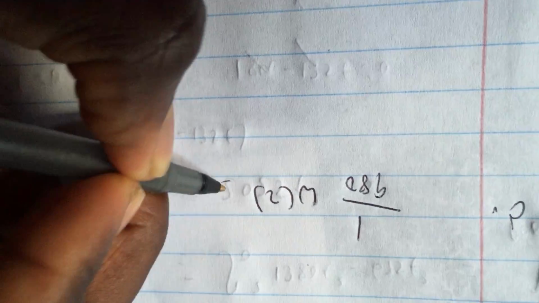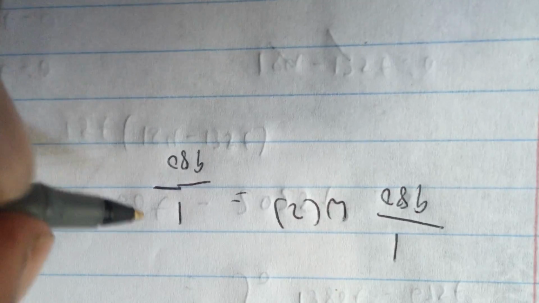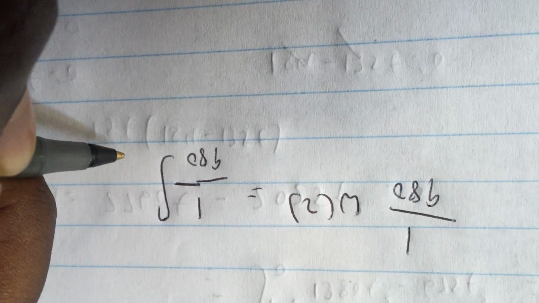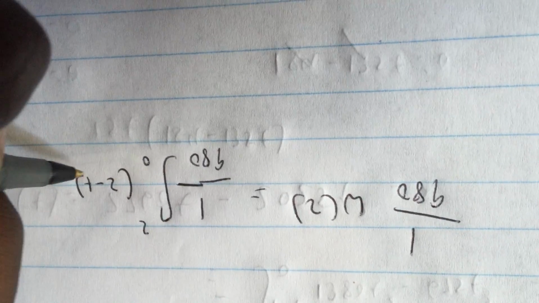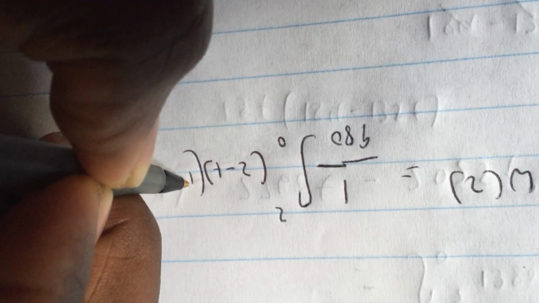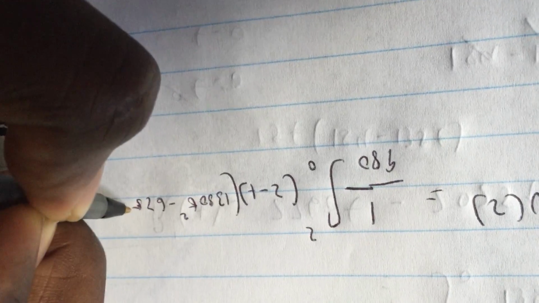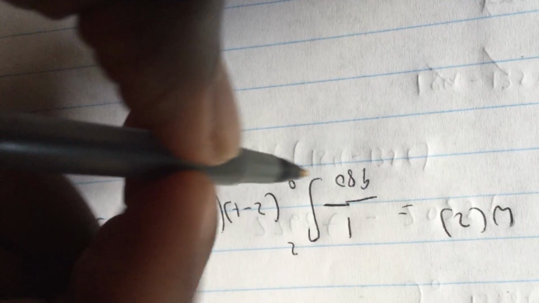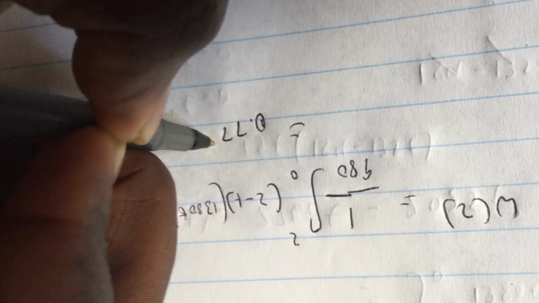So this is going to equal 1 over 980 times the integral, because that's what W of 2 is. It's going to be the integral from 0 to 2 of 2 minus t times r of t, which is 1380t squared minus 675t to the third dt, which equals 0.77557.